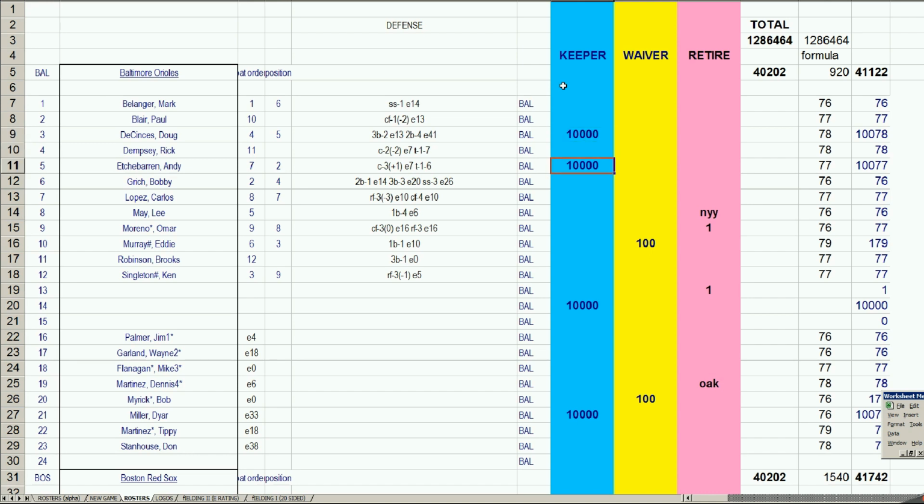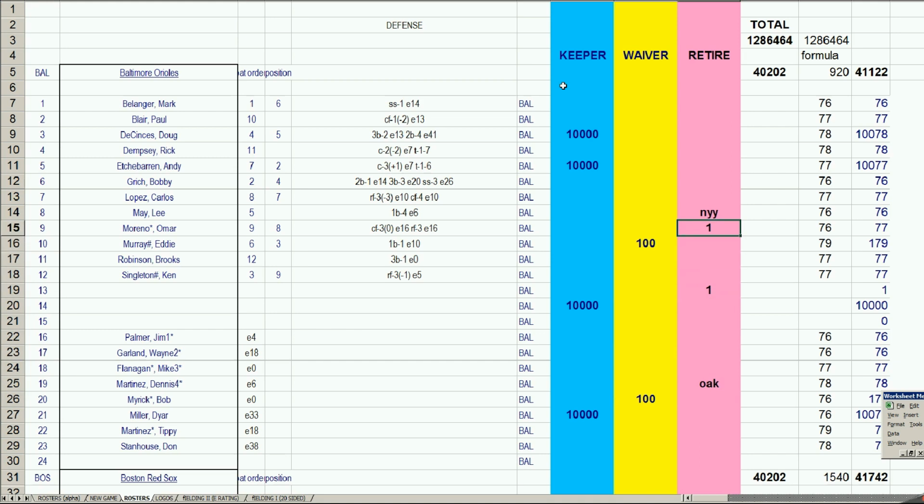All the players, no matter how good or bad, pitcher or hitter, are 10,000. So you have 4 guys you want to keep, and their values are entered as 10,000 in this column. Then their values for the waivers are 100 tokens for the 2 guys. And lastly, for the 2 guys who get retired, their value would be 1 unit, 1 token.